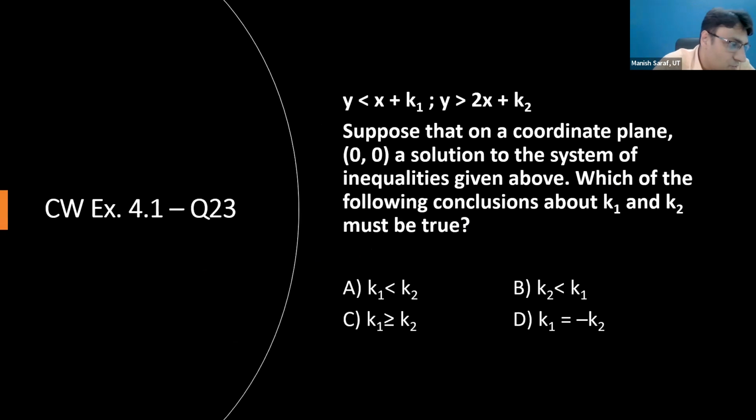Excellent problem, conceptual problem. Zero comma zero is a solution to this inequality. What can you say about K1, K2?